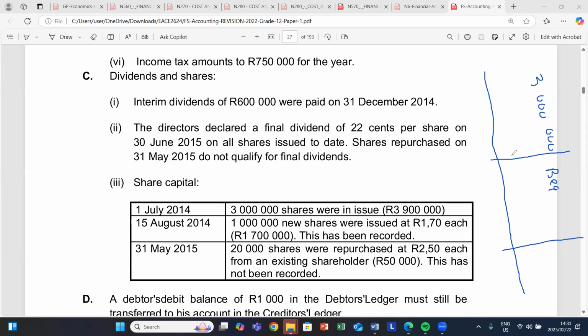You say that buyback is when the company buys back its shares from shareholders. Okay, and then we get additional issued shares, which amounts to 1 million rand. Everything that you do: 3,100,000.